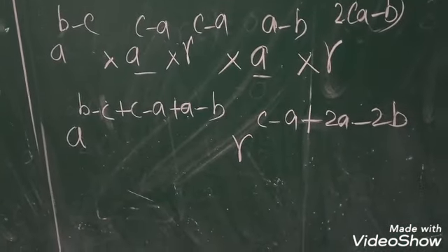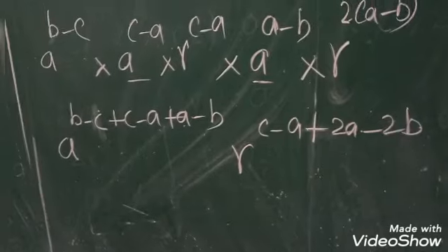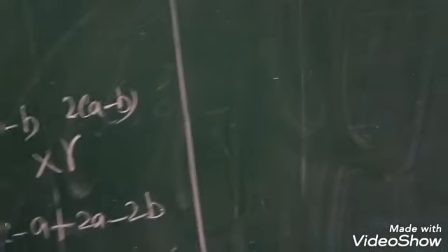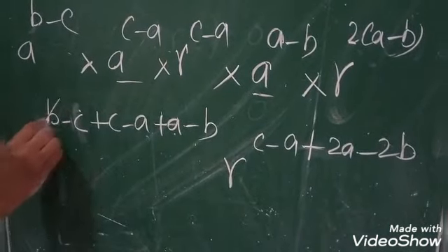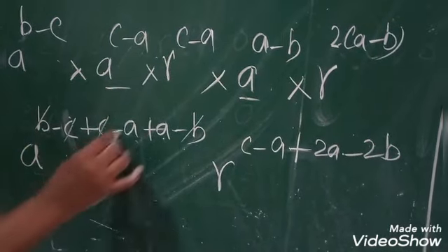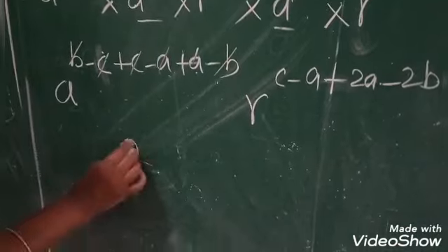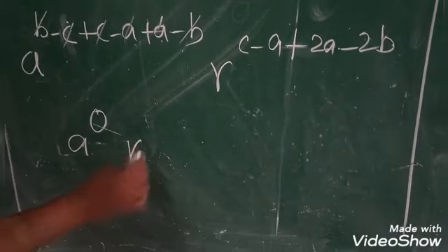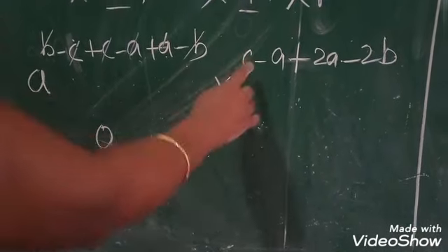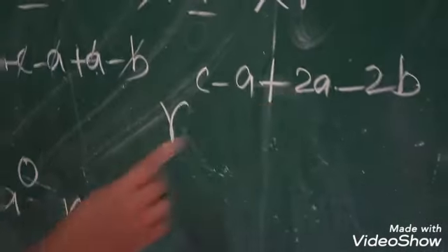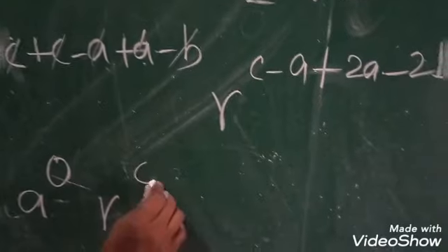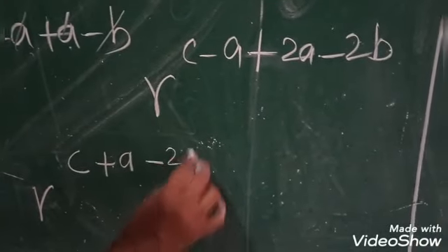Okay, now you have to simplify, girls. Here you have to simplify. A power B minus C plus C minus A plus A minus B: B minus B cancels, C minus C cancels, everything cancels. So A power 0 comes. Then here R power, girls, here you have to consider plus C minus A plus 2A. If you simplify, what is the answer? C plus A minus 2B.